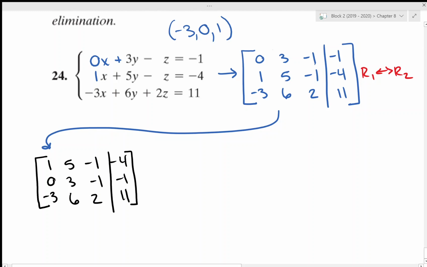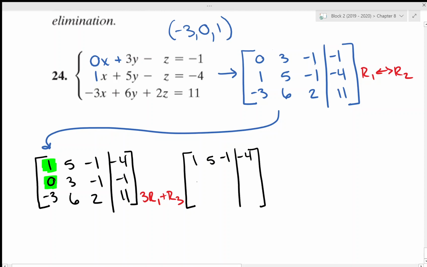So, luckily I already had a 0 in a spot that I was going to want to get a 0 anyway. So I just need to make a 0 where that negative 3 is. So I'm going to multiply row 1 by 3 and add row 3. Because if I multiply a 3 to 1, I get it to match, and they already have opposite signs, so I just add. Remember, 1, 5, negative 1, line, negative 4.